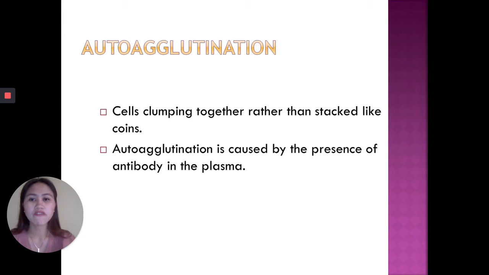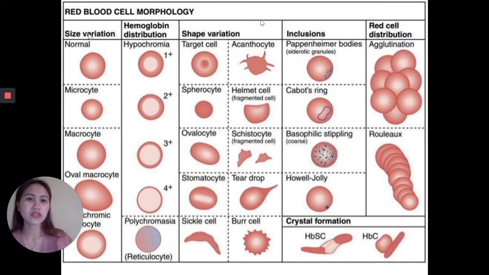So if the body has these new antibodies forming in our blood or in the plasma, one reaction that can happen is autoagglutination. This one is a picture of autoagglutination. Again, the RBCs are clumping together, but they are not forming a stack of coins.